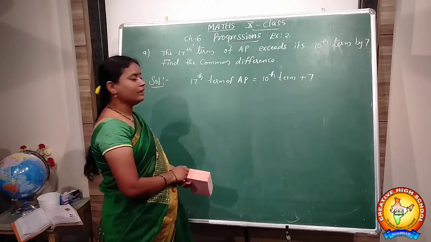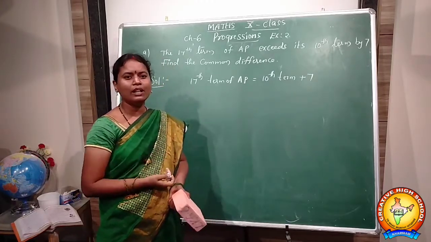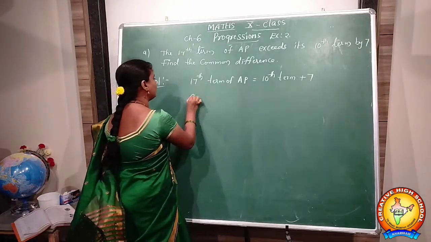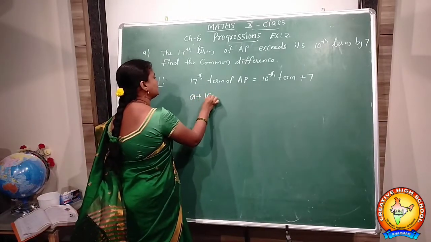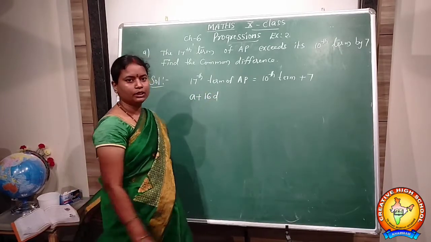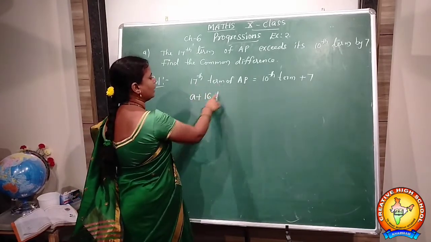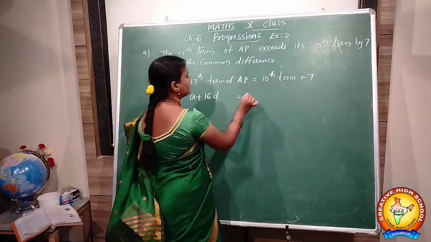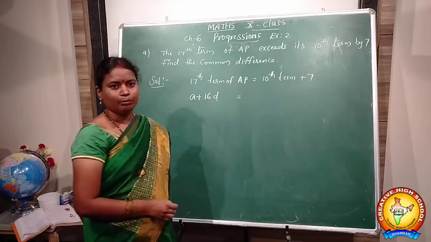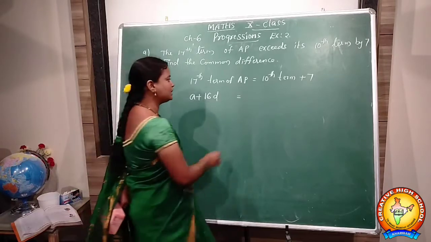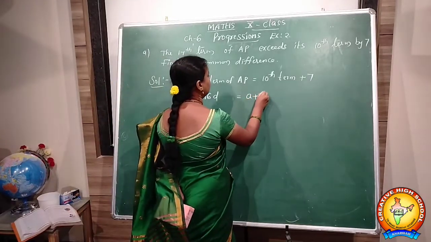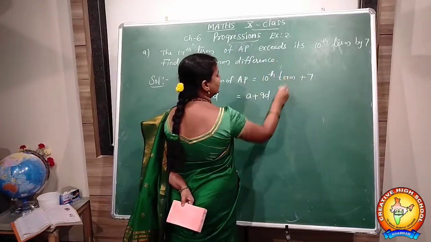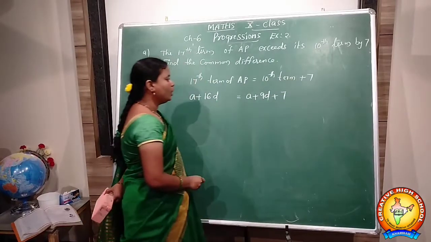To find the 17th term of an AP, what is the formula? Yes, very good. The 17th term formula of an AP is A plus 16D, which is equal to the 10th term formula, A plus 9D. So 7 exceeds, that means plus 7. Okay.